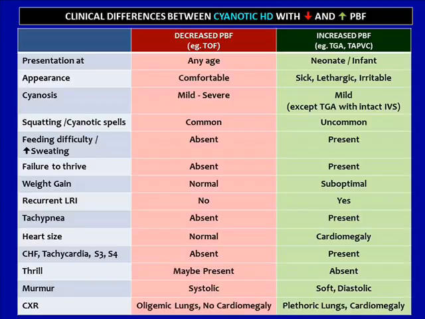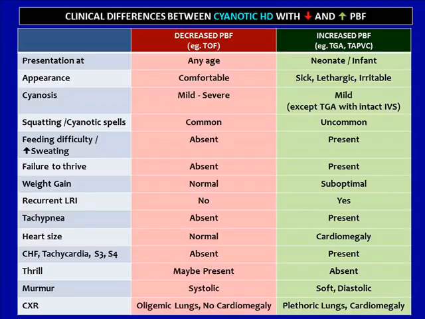In contrast, in increased pulmonary blood flow, the classical examples like TGA or TAPVC present in neonate and in infancy. Patients appear sick, lethargic and irritable. Contrastingly, the cyanosis is often mild, except in TGA with intact IVS. Squatting and cyanotic spells are uncommon.